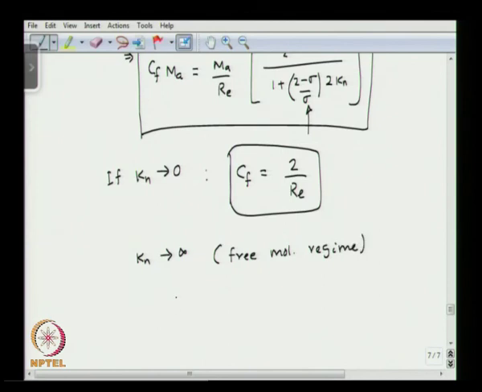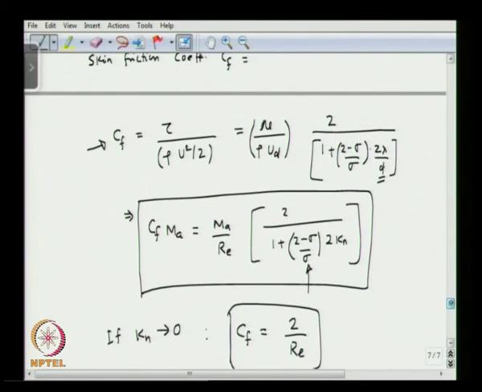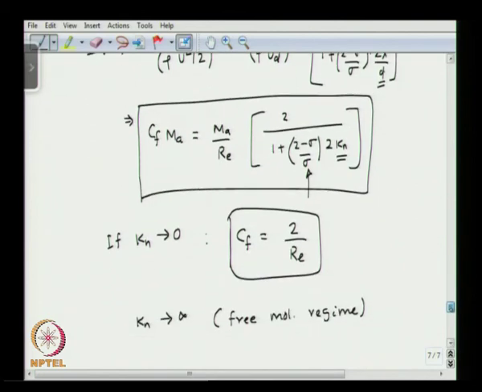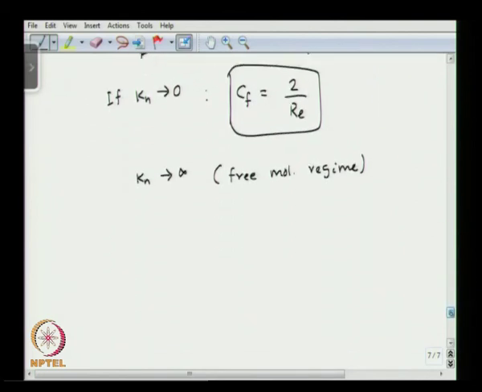Now, if Knudsen number tends to infinity, then we are talking about the free molecular regime. In that case, if you put Knudsen number infinity here, you have to rearrange the terms so that you can consider the regime where Knudsen number tends to infinity. If you do that, you will get Cf will be equal to, and you have to use Mach number over Reynolds number is equal to 2 over pi k square root into Knudsen number, that we have seen, Mach number, Reynolds number and Knudsen number can be related.